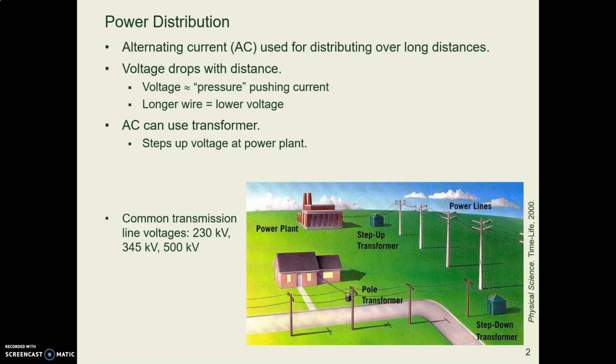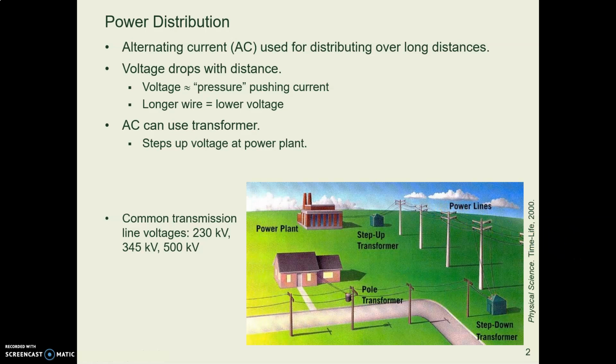The thing about alternating current is that you can use a transformer with that stuff. And so what they do is at the power plant, Bonneville Dam or wherever it is, they take that current and voltage coming out of the power plant and they use a transformer to boost it, to step it up a lot. And then they push it over these transmission lines.